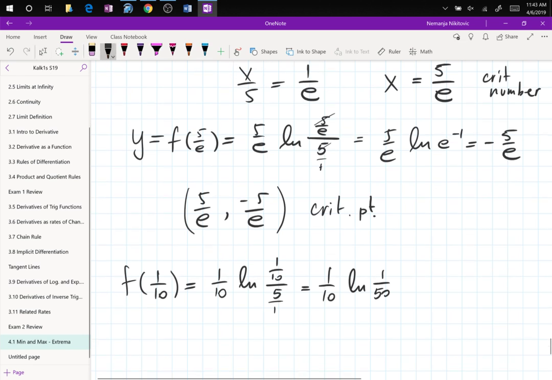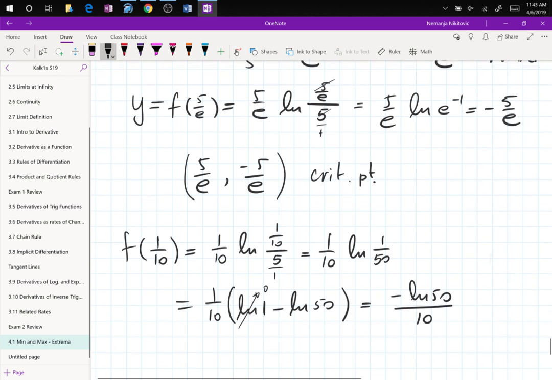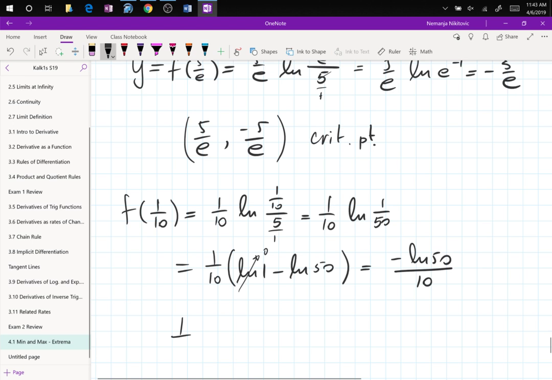Now if you want to be fancy, and you can, it's 1 over 10 open parenthesis ln 1 minus ln 50, and ln 1 is 0. So the whole thing is negative ln 50 over 10. So 1 over 10, negative ln 50 over 10 is another critical point.